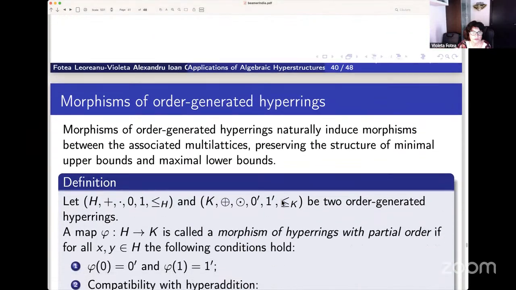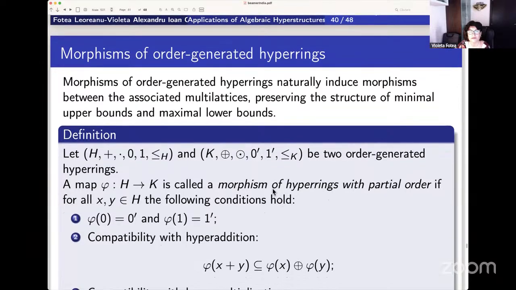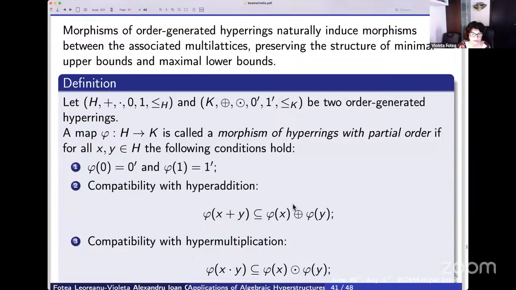And we can speak about morphisms of these order-generated hyperrings. I put conditions for addition and for multiplication. Since both of these rings contain 0 and 1, 0 must be mapped to 0 prime, as I denote it, and 1 must be mapped to 1 prime.